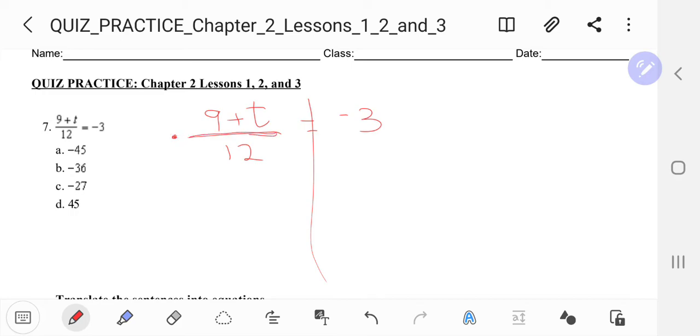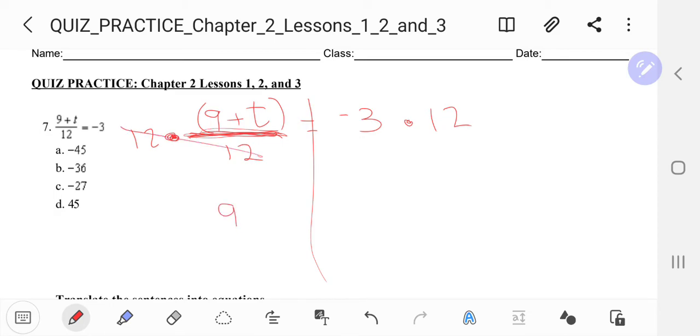Now, this big bar kind of groups the 9 and the t, 9 plus the t. Normally we would get rid of the non-variable term, but because of this bar here, we're going to have to multiply to kind of release the 9 plus t from jail. All right, because it's division, we're going to multiply. That cancels out.